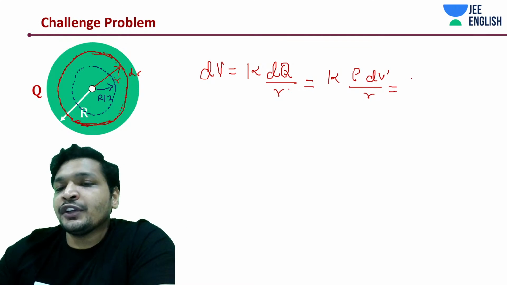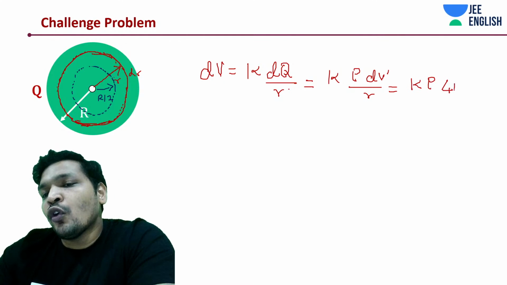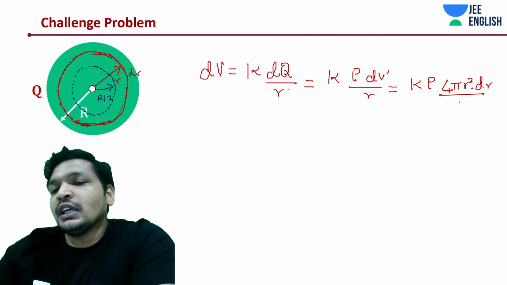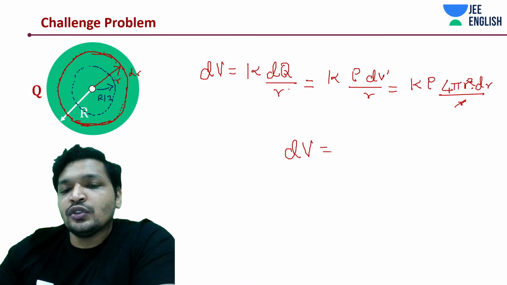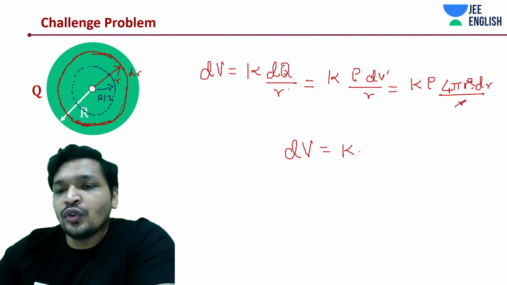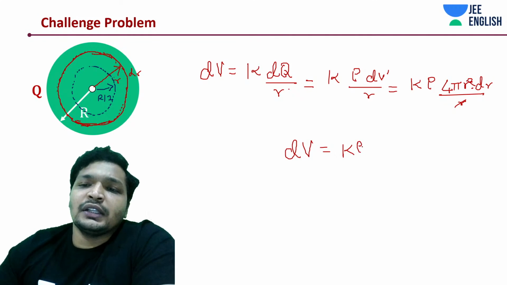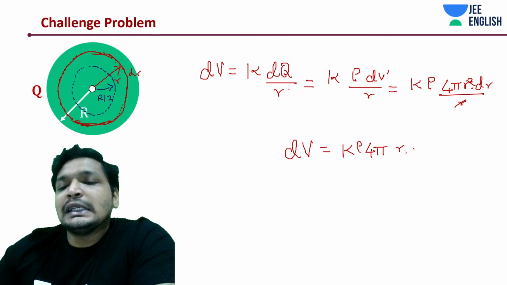How much is that going to be? k into rho into 4 pi r square surface area into dr, divided by r, the r square gets cancelled out. So dV is going to be k into rho into, for now let's write it down like this, 4 pi into r dr.